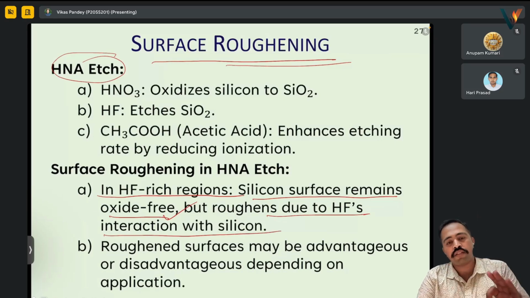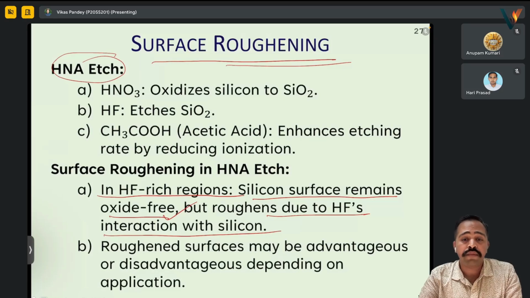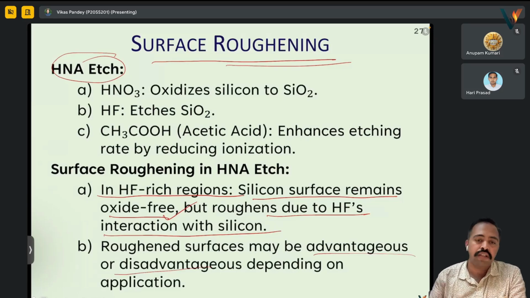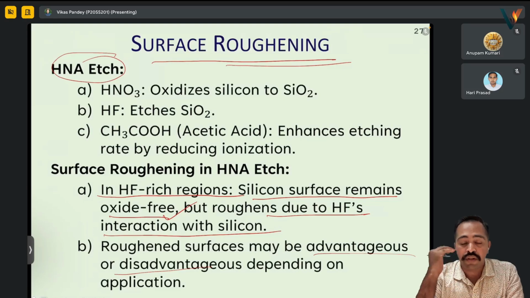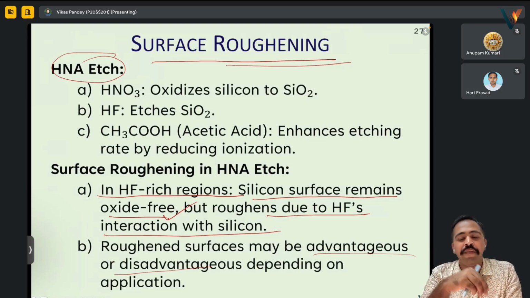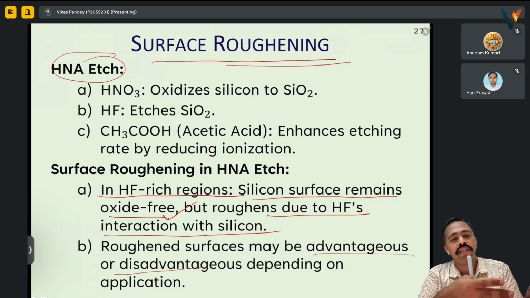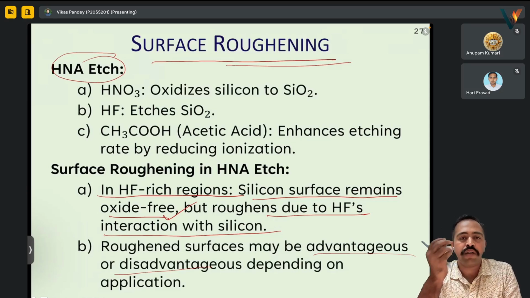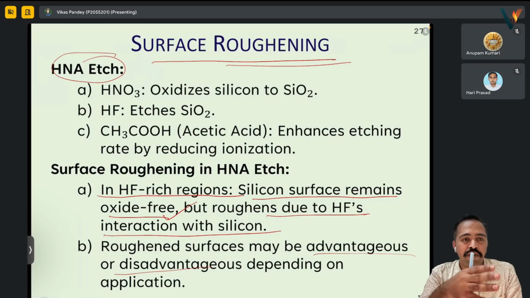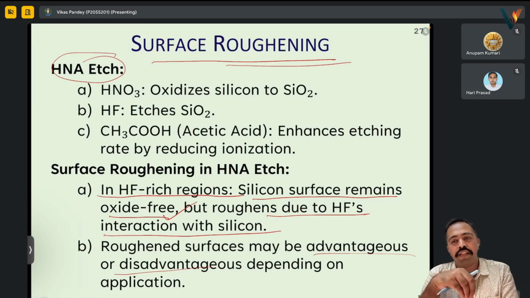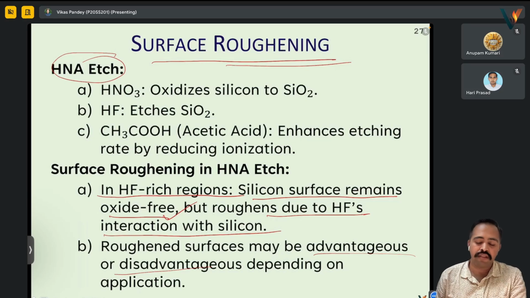It cannot etch out silicon, but it creates roughness on the surface. Based on our use, it can be advantageous or disadvantageous. If we are going for a good transistor, it is not good. If we are going for, say, a sensor and we want to deposit some functionalization material on it, a higher surface area is good. So it all depends on our understanding. You can go for a high HF concentration if you want a rough surface on silicon as a result of this etching.